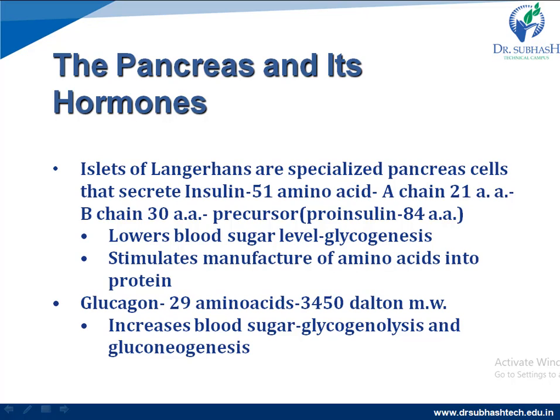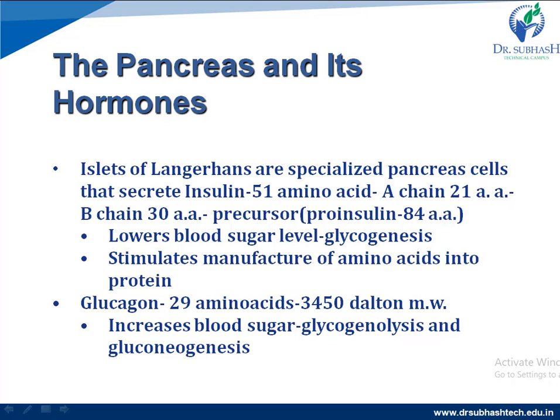The major function of insulin is related to the blood sugar level. It reduces the blood sugar level, and the process is called glycogenesis. What is glycogenesis?